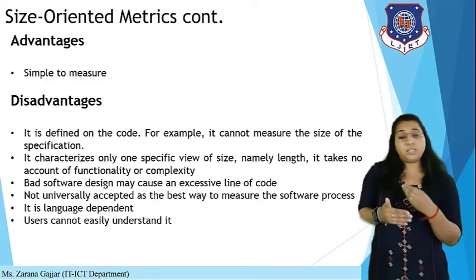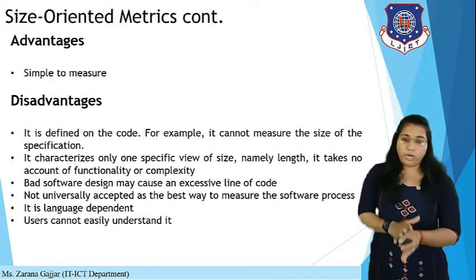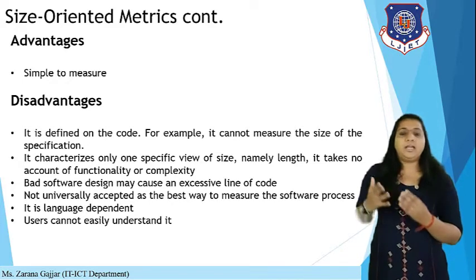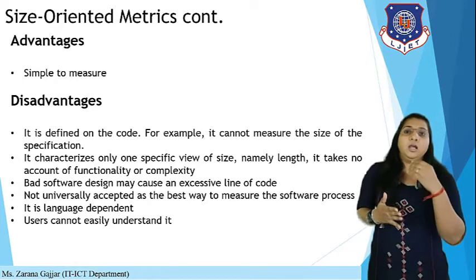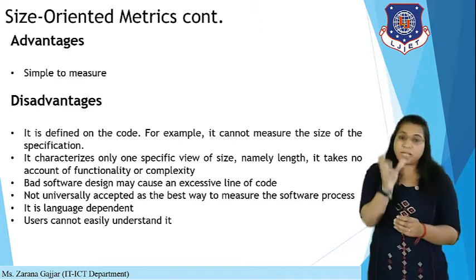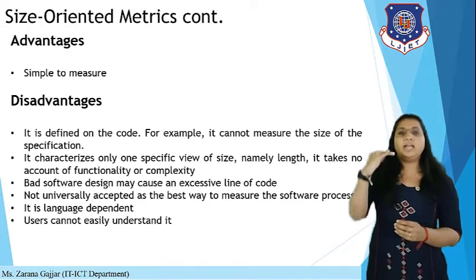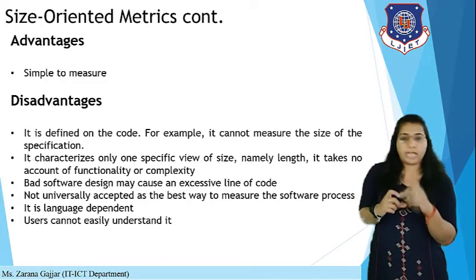The next disadvantage is that users can't easily understand it. It is simple, and with multiple lines of code, as we have already discussed, it is simple to measure, but it only gives a specification. If there is a login code, then only the login page is calculated.